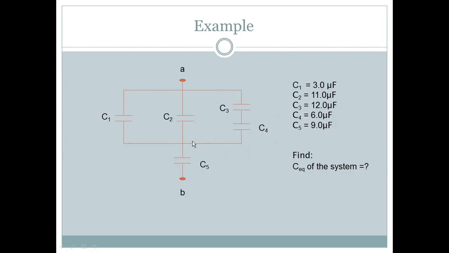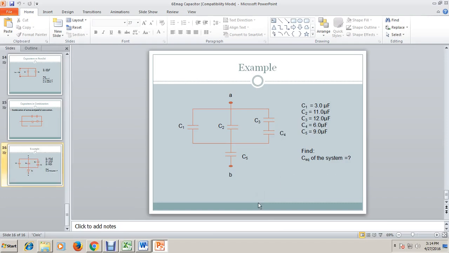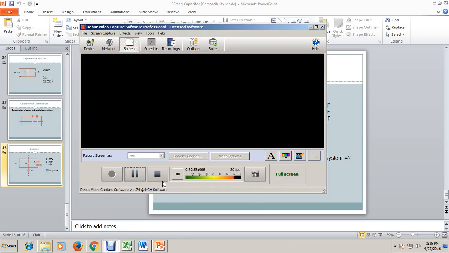Finally, you should represent this with a single capacitor, and that combination is actually in series with C sub 5. With this description, I hope that you should be able to get the answer for the equivalent capacitance of the given circuit.